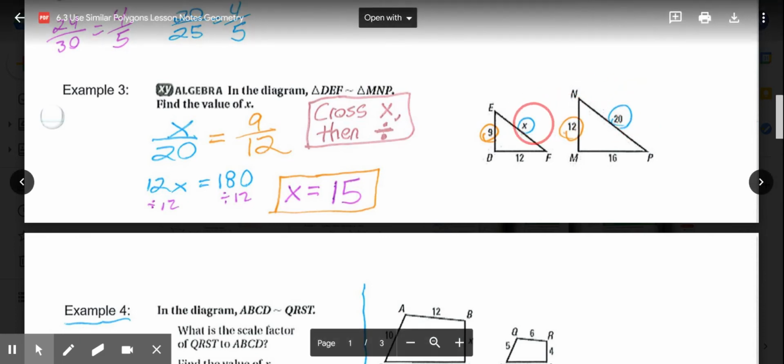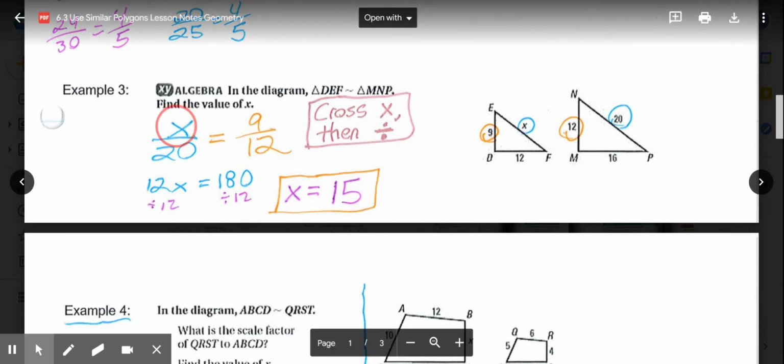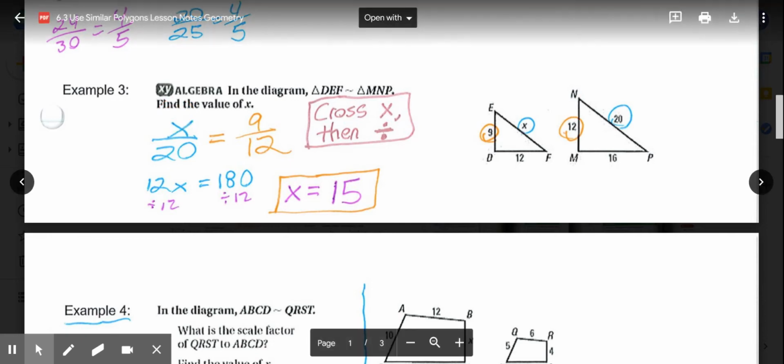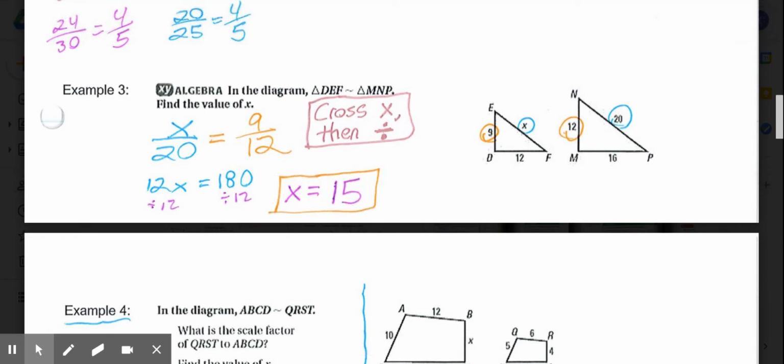So I set it up as X over 20, and the 9 corresponds with 12, equals 9 over 12. Then to figure out the value of X, we're just going to cross multiply, then divide. So 20 times 9 is 180. So 12x equals 180, divide by 12, and x is 15.